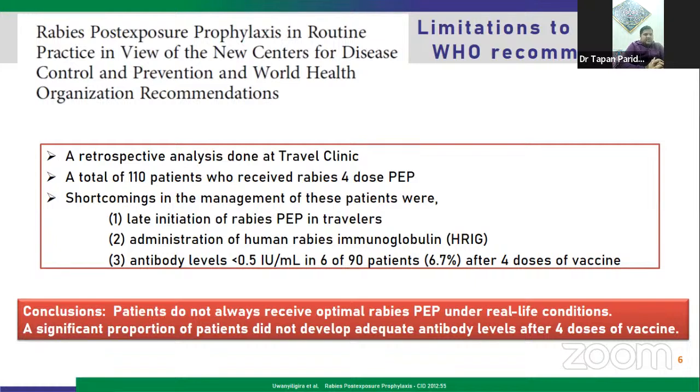Then there may be rabies encephalitis, and in rabies there is 100% death. So there are many studies on deaths due to non-compliance with the 5-day schedule. These are proven studies on various platforms.